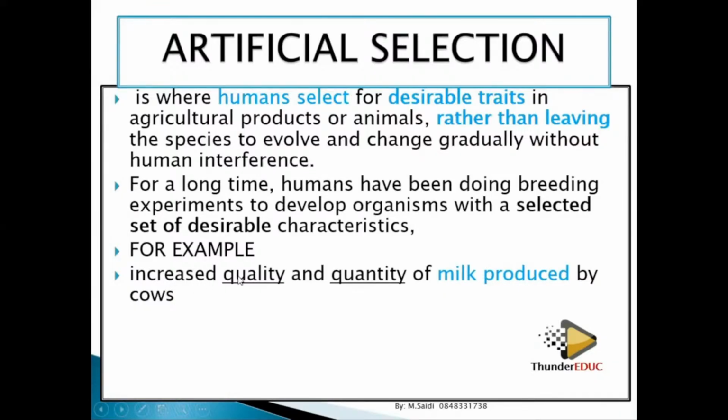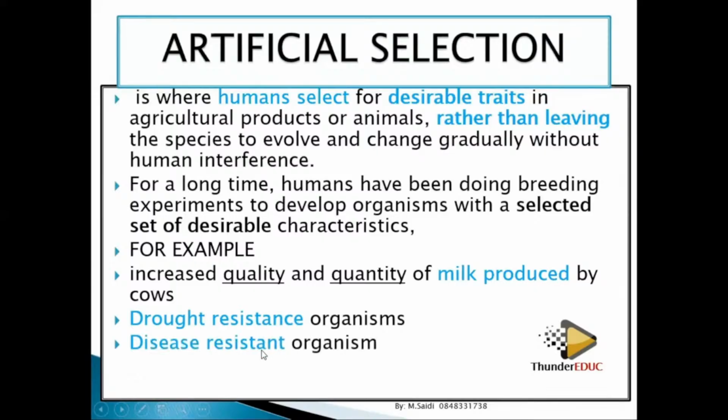An example, you can find that they select for the following reasons. Number one, to increase the quality and the quantity of milk produced by cows. Sometimes you can be asked the functions or benefits of artificial selection. Then also drought-resistant organisms, they select for those organisms which can resist droughts.